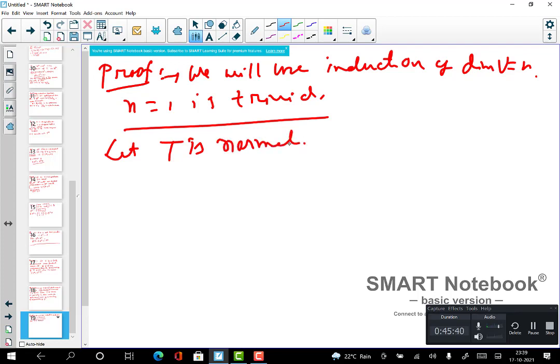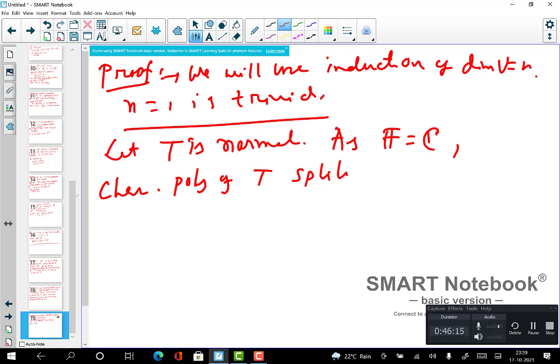So then what happened? Because V is a complex vector space, with F equal to C, I am assuming F is equal to C here, the characteristic polynomial of T splits over C. That is true because of the fundamental theorem of algebra: every polynomial splits over C. C is what is called an algebraically closed field.